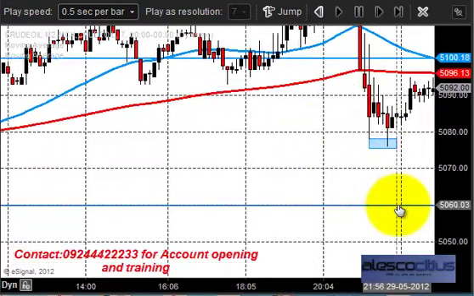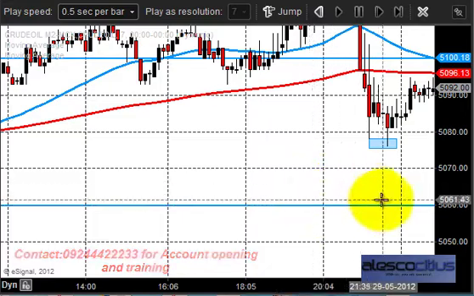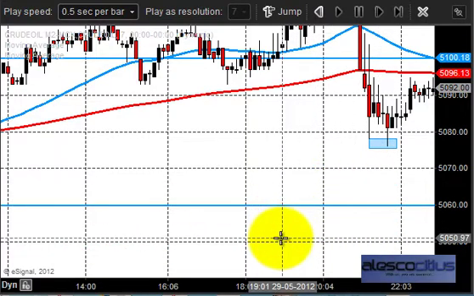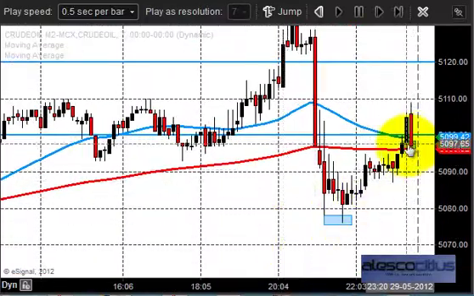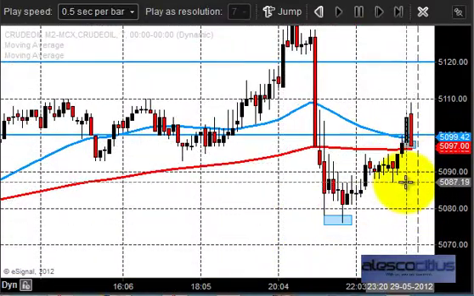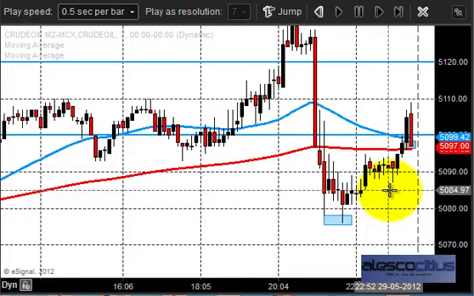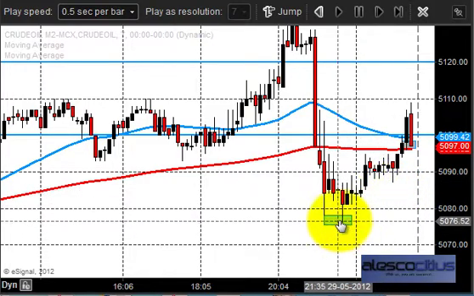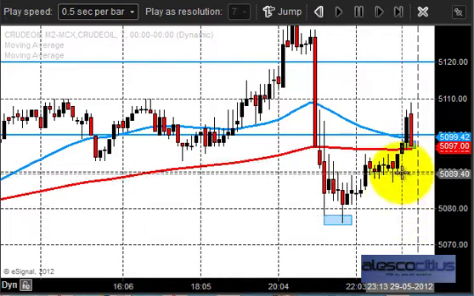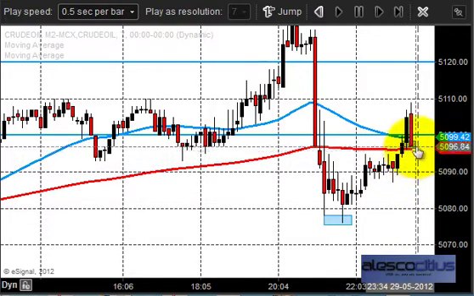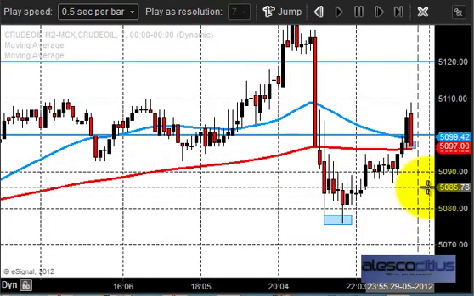The market is also providing a very good support around 5060, and for 2 weeks it has been providing support there. If you compare yesterday's price closing, it is just above the previous price opening. Yesterday the market opened around 5075, and yesterday's closing is around 5097, which means around 5100.